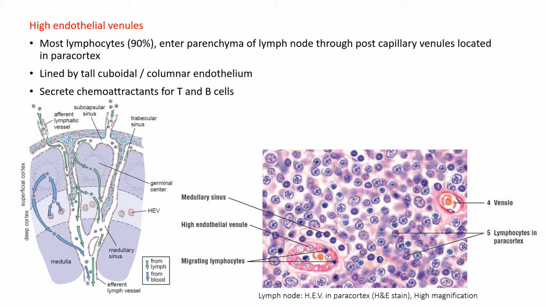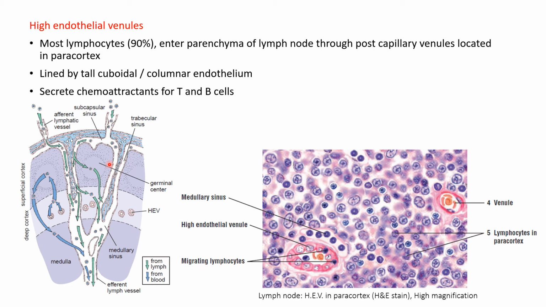Now there is a special entity that is found in the lymph nodes. These are the high endothelial venules. Let us see what these are. I told you that the lymphocytes traveling in the lymph coming from the afferent lymphatic vessels can escape across the walls of these sinuses into the parenchyma.